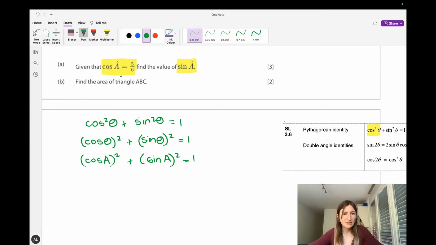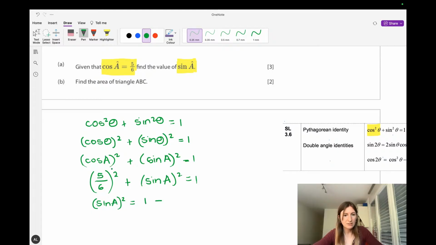So I have this. That's 5/6, 5/6 squared, plus, and we're trying to find this, sine A squared, equals 1. And now I'm just solving for sine A because that's what I need to find. So I need to make this the subject of the equation. So I'm going to write sine A squared, and I'm going to take this across to the other side.